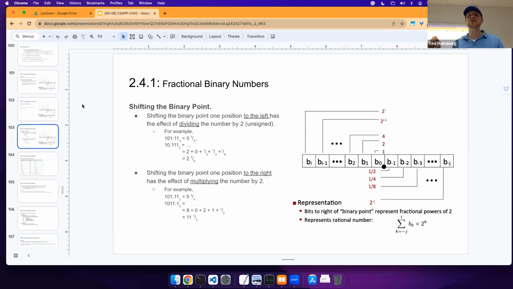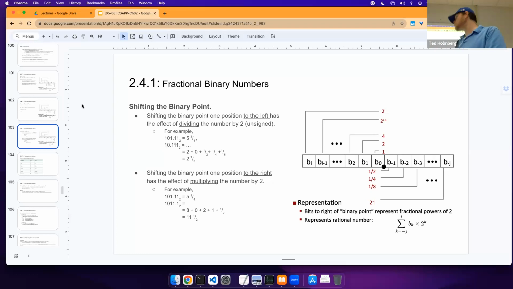Every time we take our binary real number and we shift our binary point to the left, it has the effect of dividing that binary value by a power of 2. And every time we shift that binary point to the right, it has the effect of multiplying that binary value by a power of 2.